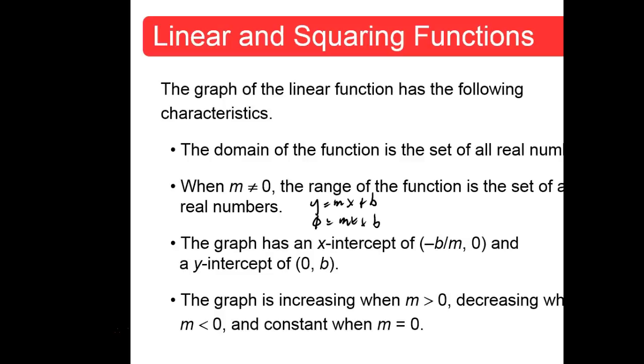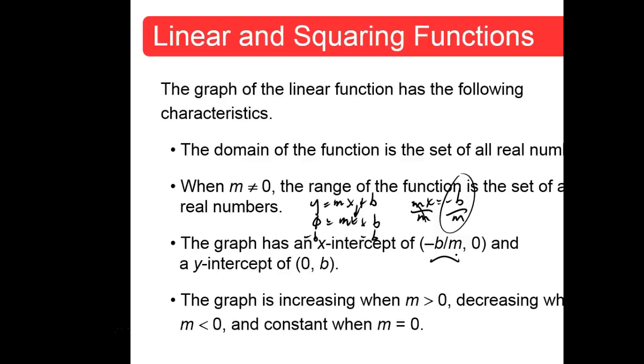So how do we solve this for x? Find out what x is. Subtract b from both sides, and that gives us mx is equal to minus b. Then divide by m, and guess what you get? x is equal to minus b over m.